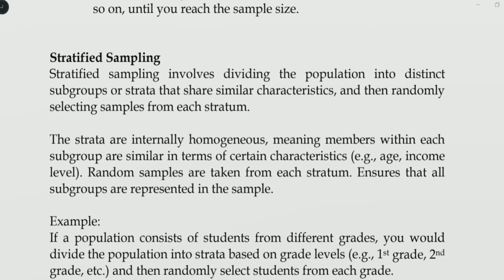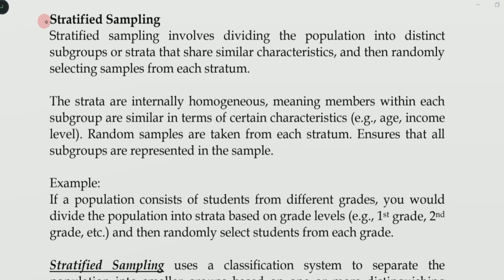Now moving further, we have the third one as stratified sampling. Stratified sampling involves dividing the population into distinct subgroups or strata that share similar characteristics and then randomly selecting samples from each stratum. So basically stratum is the singular and strata is the plural.